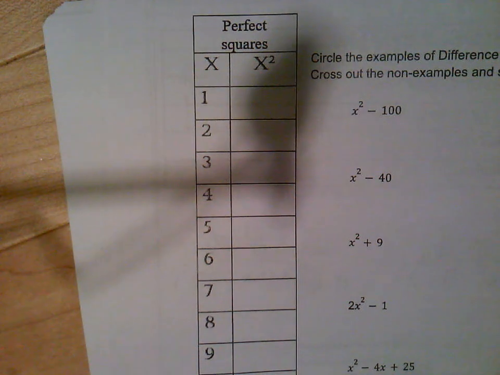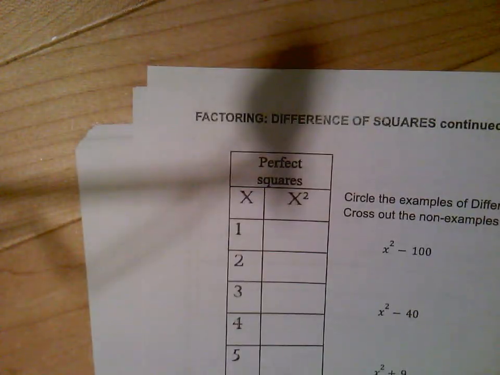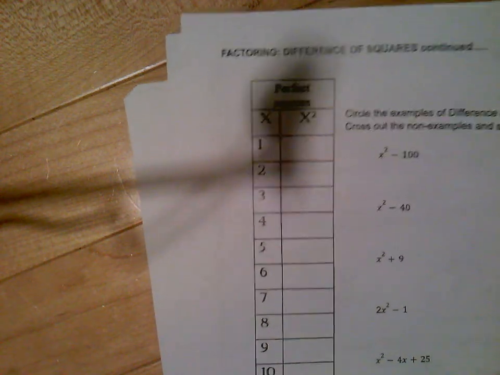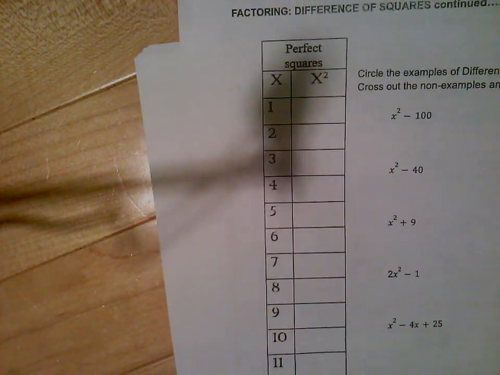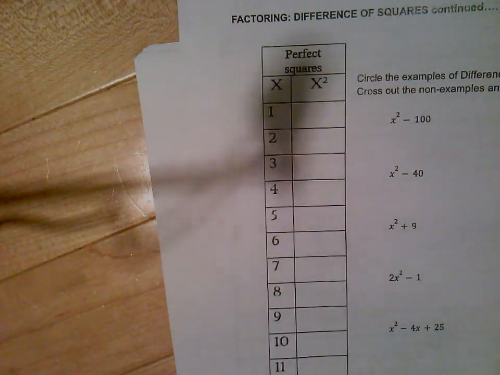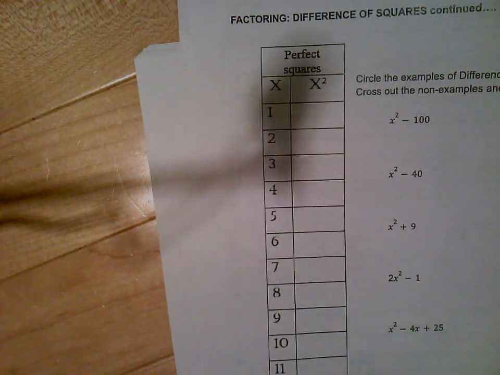So, poor planning. On the next page, I forgot that I had actually put a chart for you to write all of the perfect squares. So maybe without looking, pause the video and see if you can fill in all of the perfect squares, just like I listed on the front page to quiz yourself.